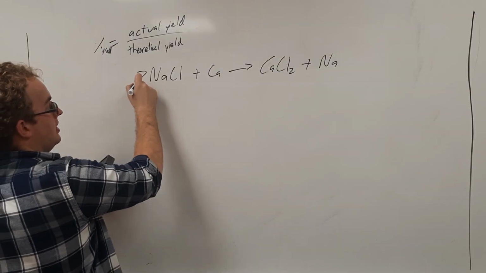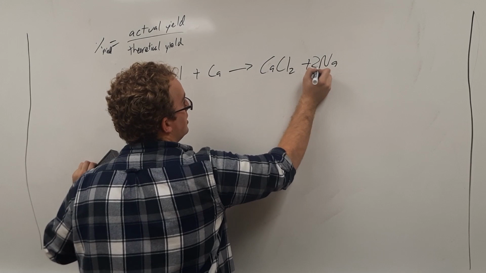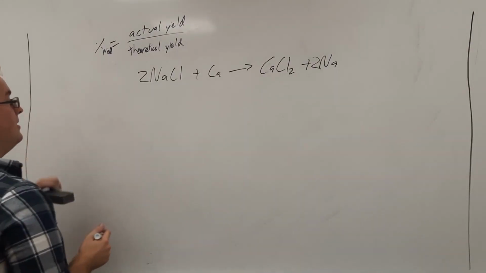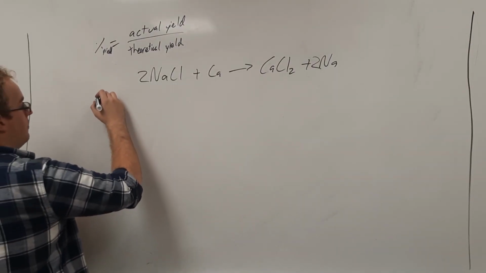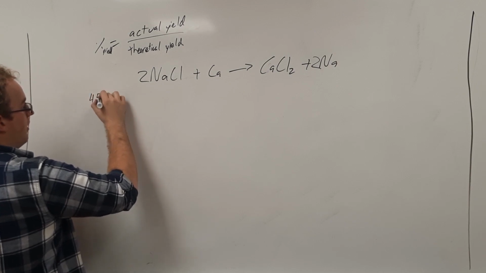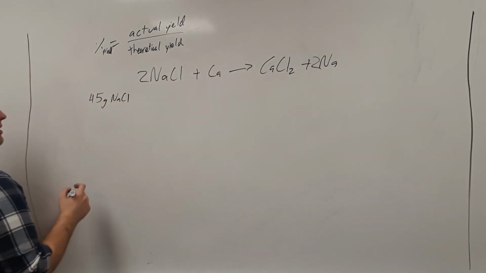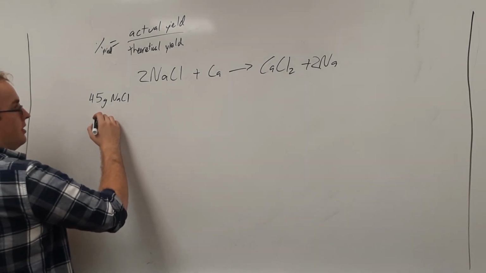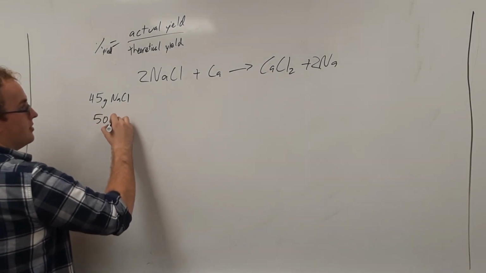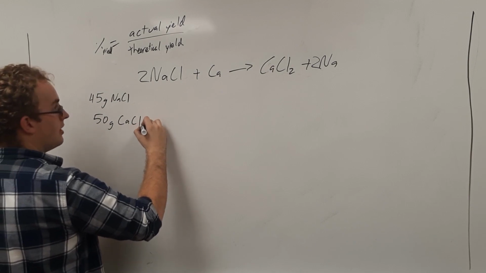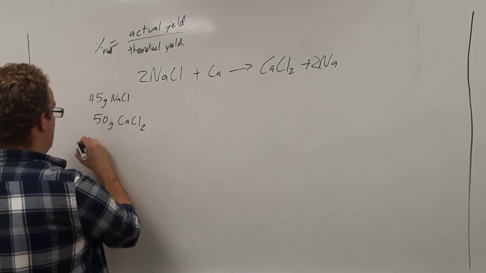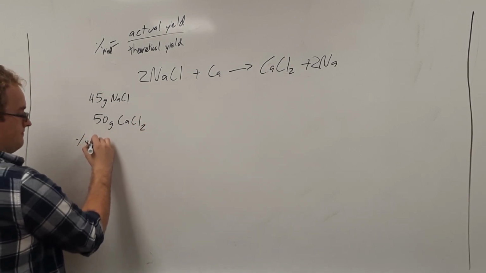To balance this, we're going to need a 2 right there and a 2 right there. Now let's say you start with 45 grams of sodium chloride, and then you produce maybe 50 grams of calcium chloride. What was your percent yield?